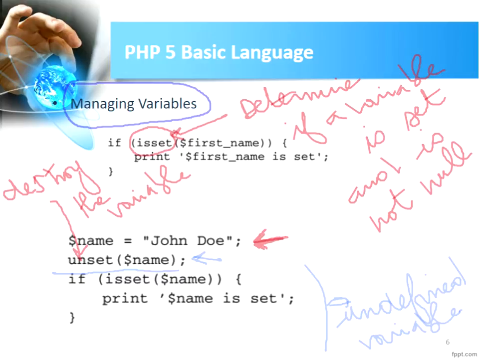Here there is a difference between null and undefined. For example, if I write $x equals null, in the previous example unset destroys the variable, not the value.